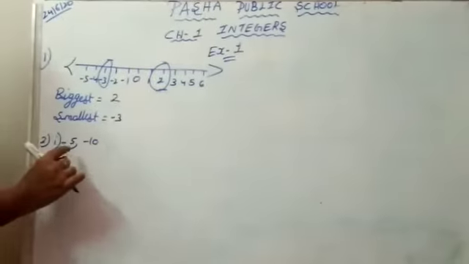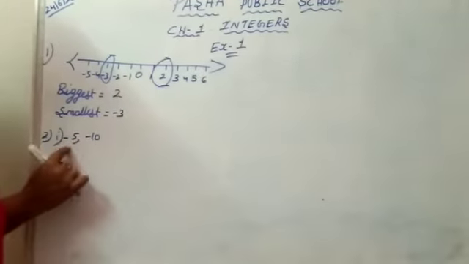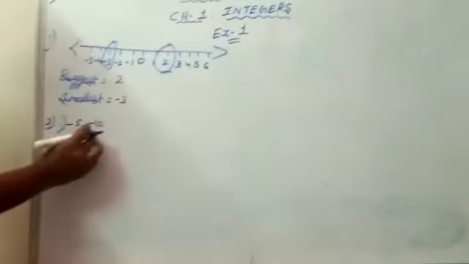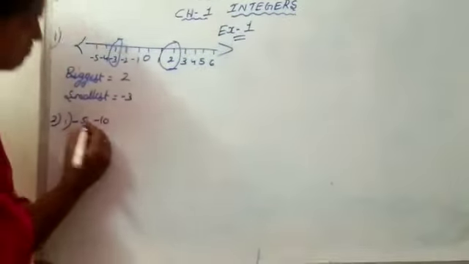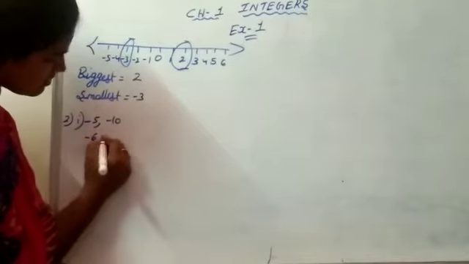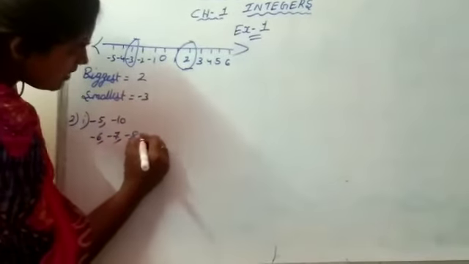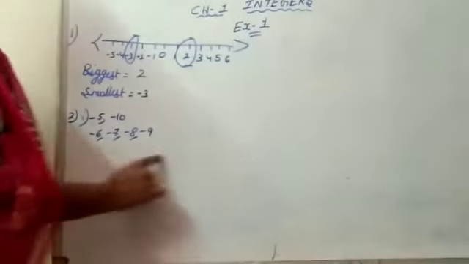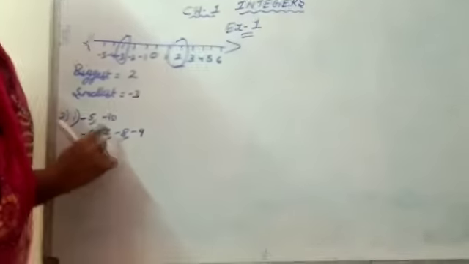You need to write integers between these two. -5 and -10 is a pair. In between, after -5, we get -6, -7, -8, -9. These four will be in between -5 and -10.